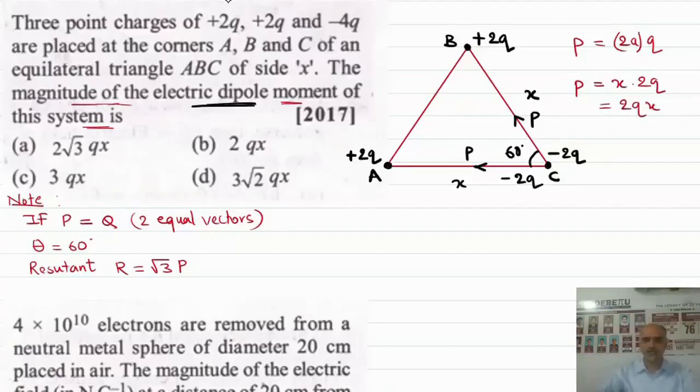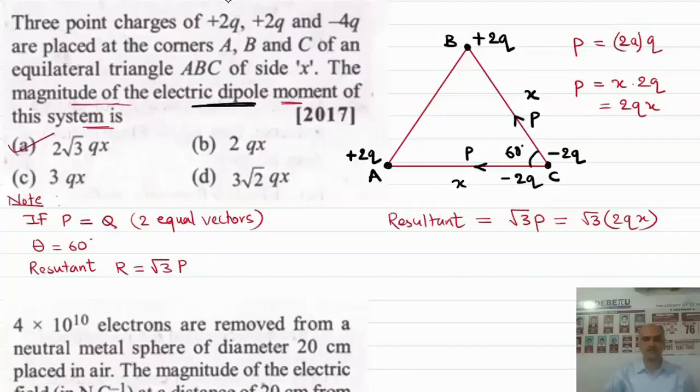Now, you apply this shortcut. So the resultant will be given in one step, that is direct root 3 into p. Substitute the value, root 3 into 2q into x. Look at the options, root 3 is there in one of them, so A is the answer: 2 root 3 into qx.